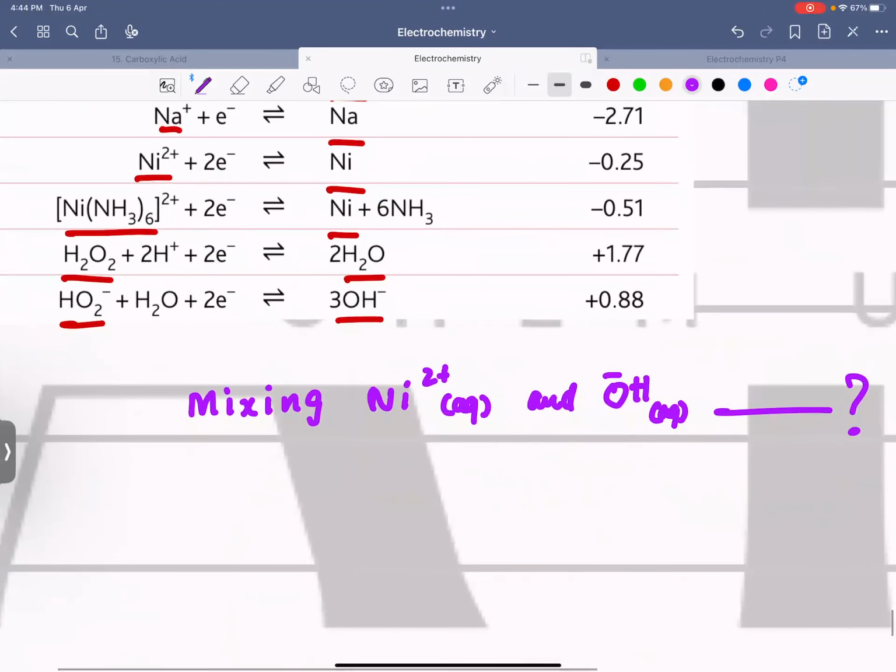You have all the equations on your screen. Use these equations only and tell me. Think and then tell me. Look at the equations, choose the equation, and then tell me, if I mix these two aqueous solutions, would a reaction occur or not?